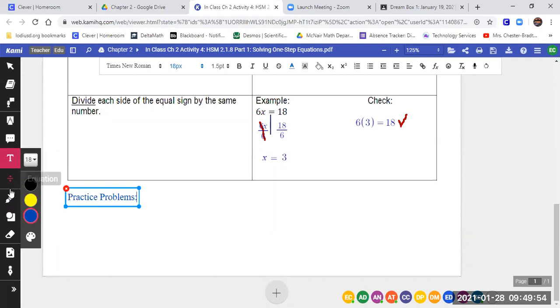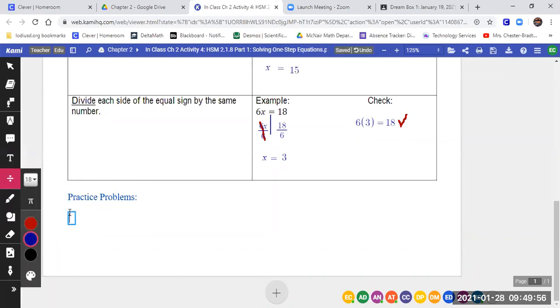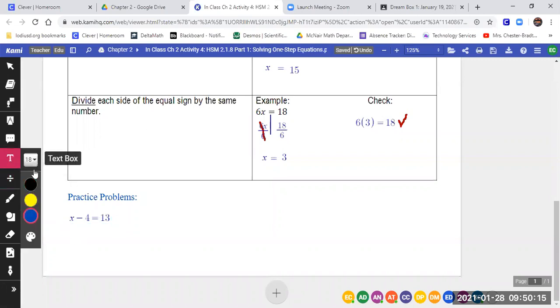And our first practice problem. Now we are not going to solve. I just want you to tell me what we're supposed to do to get rid of the 4. How do we get rid of the 4? What are we going to do to get rid of the 4?